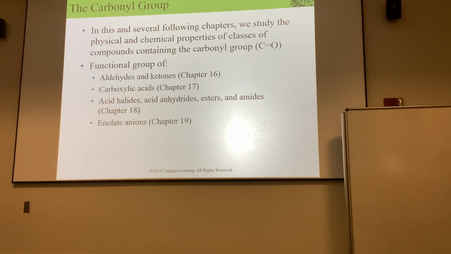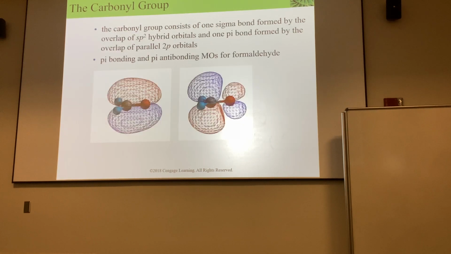They're also carbonyls, so hopefully we'll have a really good idea of how carbonyls work, and we can apply that knowledge when we get there. So that's why this is a slow chapter, because there's a lot going on.